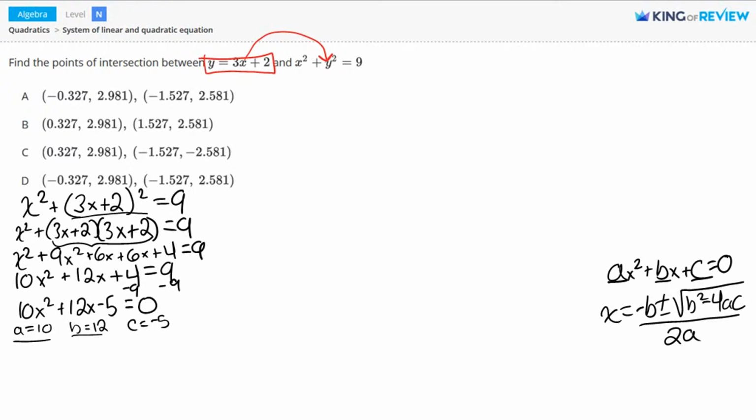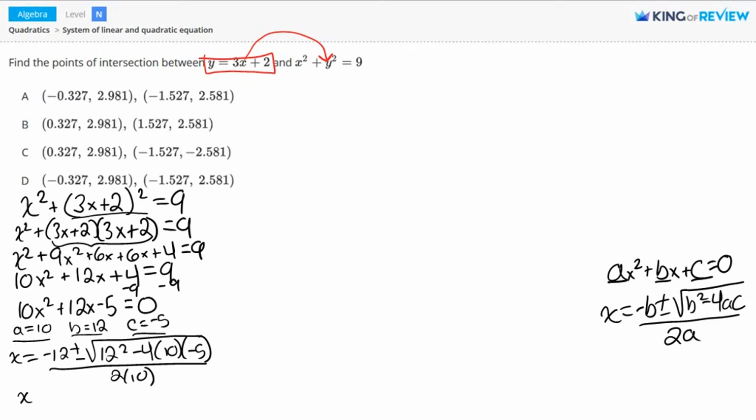Let's plug these values into the quadratic equation. x equals negative 12 plus or minus the square root of 12 squared minus 4 times 10 times negative 5, and this is all divided by 2 times 10.